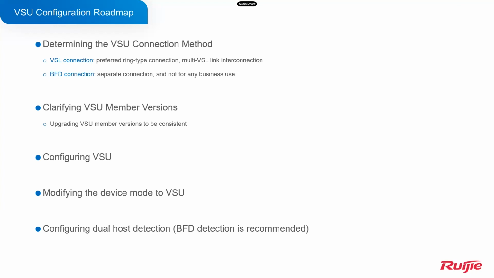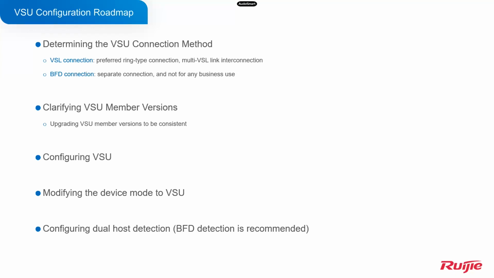If the VSL is broken, maybe in your network there are at least two VSL systems. Maybe you will find multiple masters in your network. So in this scenario, you also need one connection to detect that all the devices are working and the link is broken. So you can use BFD to do the test.